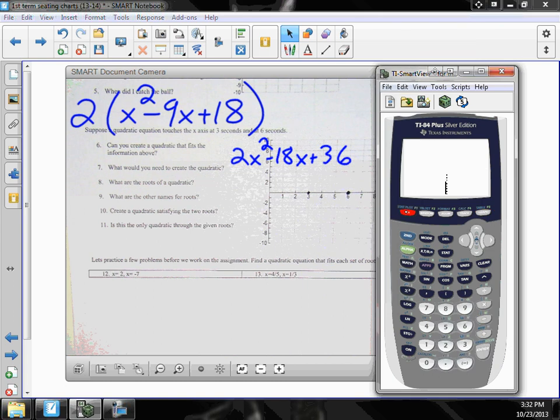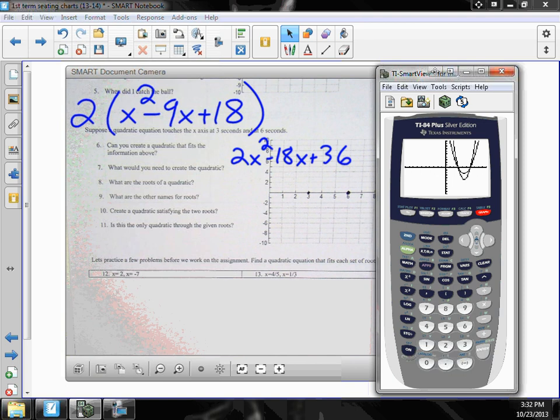I'm going to go into y equals. If I graphed 2x squared minus 18x plus 36, and I push graph. Now this one is twice as skinny as the one before.